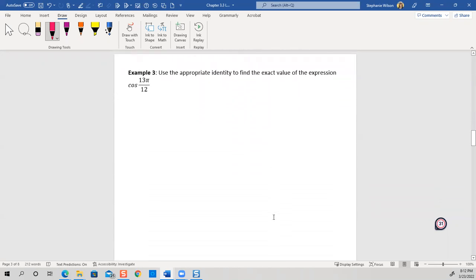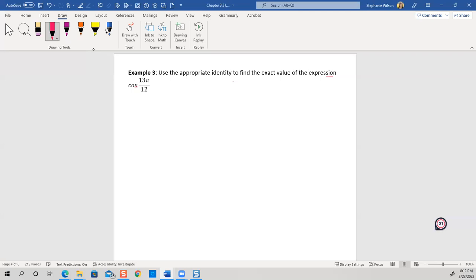Okay. Use the appropriate identity to find the exact value of the expression cosine of 13 pi over 12. So here we go. We can go to the unit circle and find the exact radians.